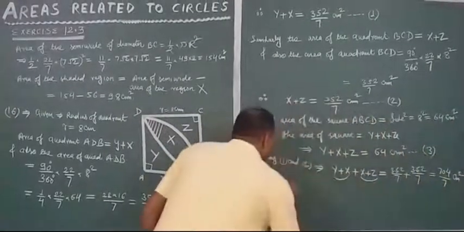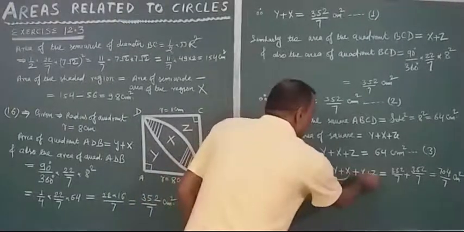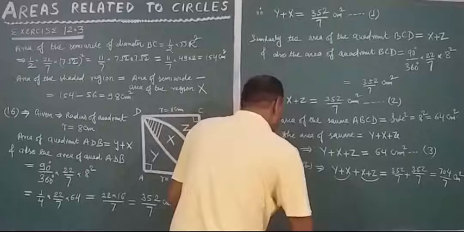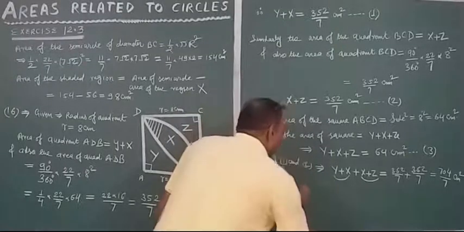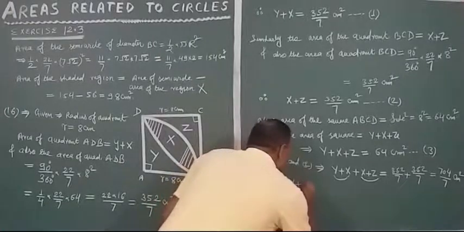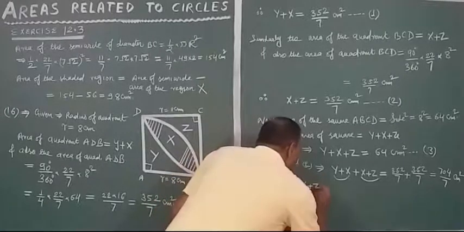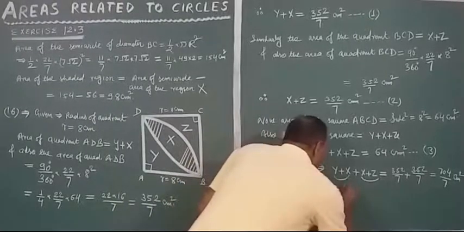Now just look here. This is y plus x plus x plus z. Can we write this in this way? Y plus x plus z, this together, and plus x.